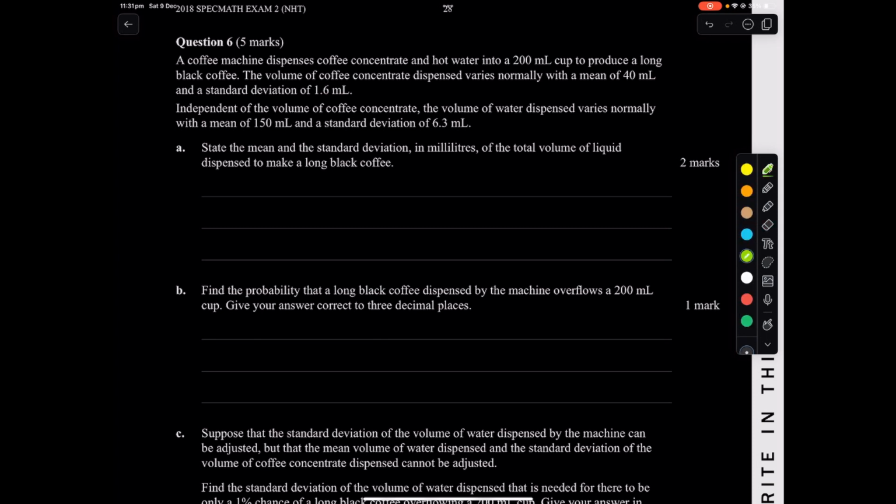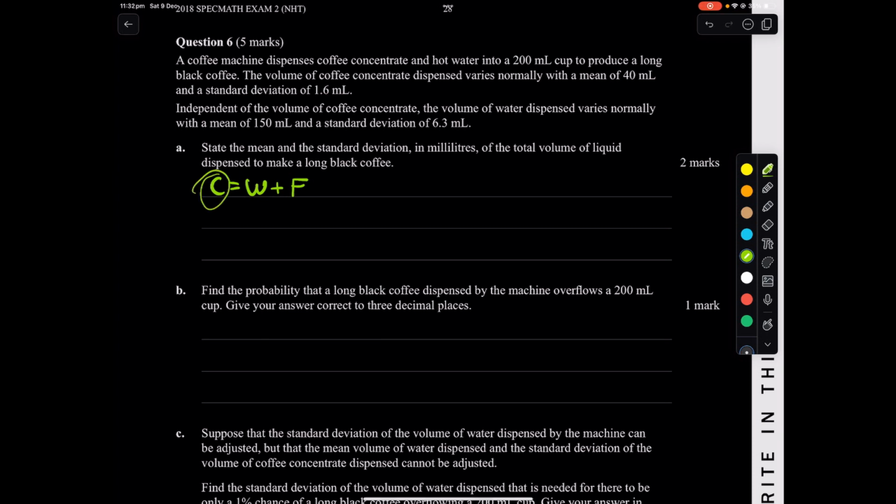So to make an actual coffee, you're going to need water plus the coffee concentrate. Let's call it F, the coffee concentrate. And what we want to find is the expected value of C, the cup of coffee, the volume of liquid to make a long black coffee.